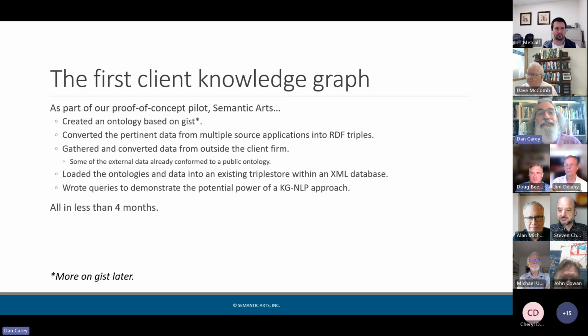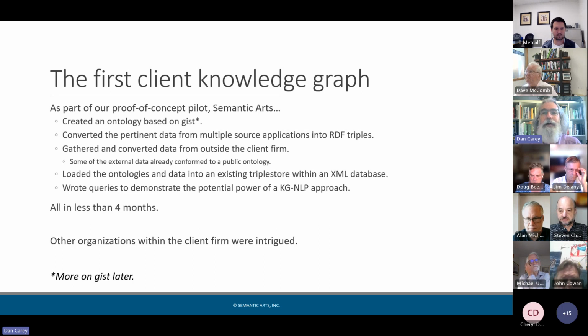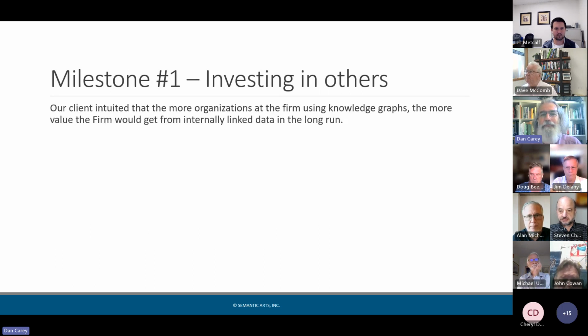And so in addition to the immediate client, who decided, yes, let's keep going and continue this work, other organizations within the client firm saw what was being done and what was possible, and they became intrigued by the idea of the knowledge graph.